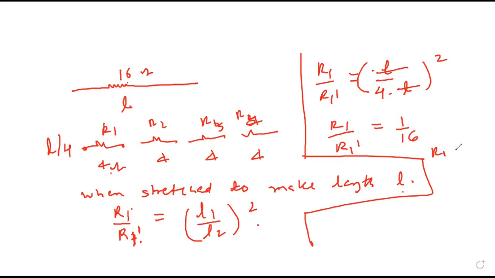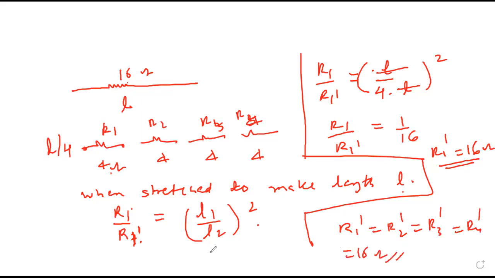That means R1 dash is equal to 16 ohm. So all the 4 will become 16, 16, 16 and then they are connected in parallel. Therefore R1 dash, R2 dash, R3 dash, R4 dash, after stretching all become 16 ohm. So R in parallel of all these 4 is 1 by 16, 1 by 16, 1 by 16, 1 by 16.